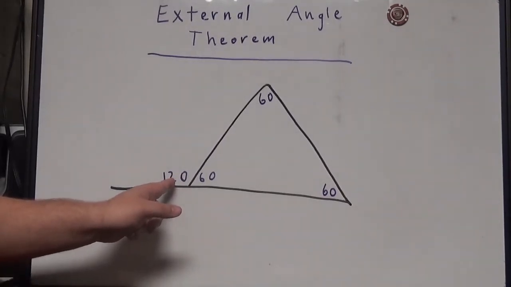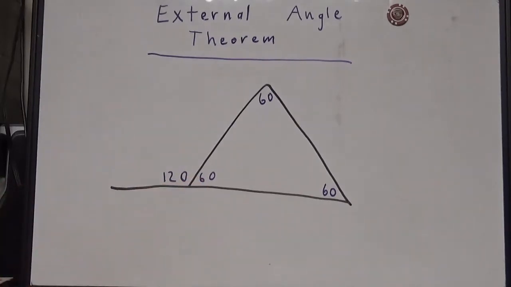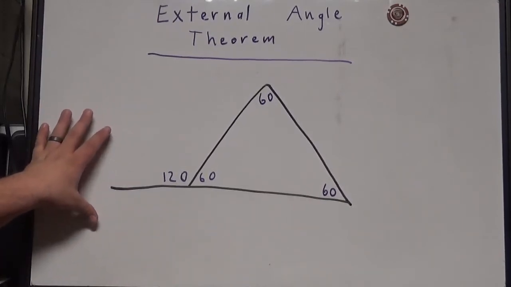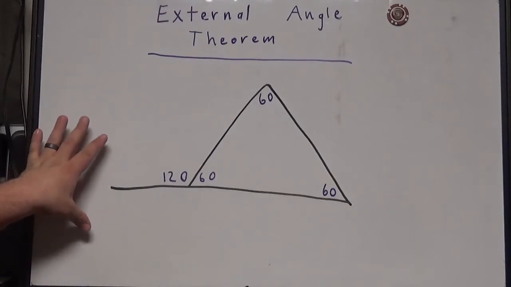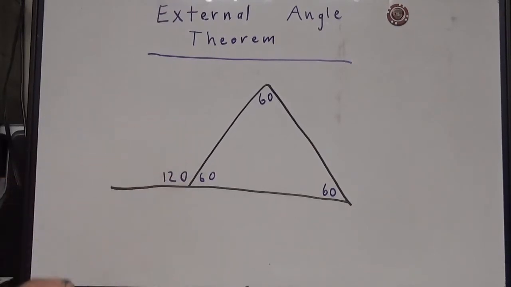So here we have 120 and we have 60. Well, what's 120 plus 60? It's 180. So we're combining the last two things that we did into something that involves both, and it's called external angle theorem.